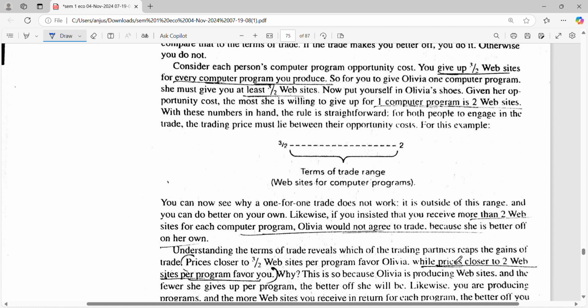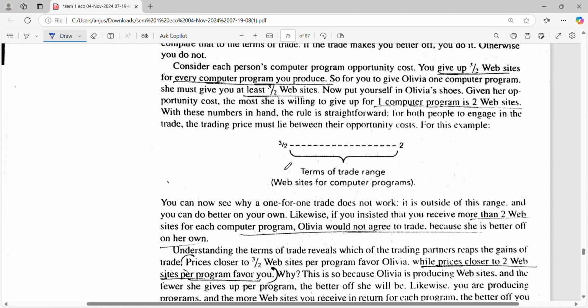So you give up 3/2 websites for each computer program. Here we are talking of websites for computer programs. Here we are speaking of complete specialization, so you will be only producing computer programs, and Olivia will be only producing websites.